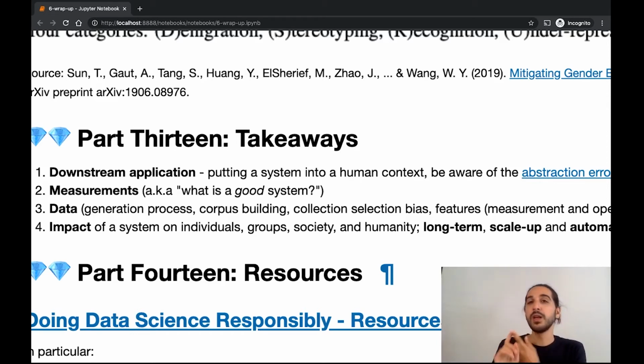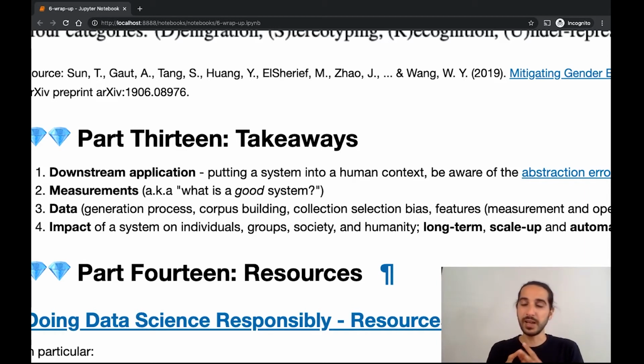So again, think about the downstream application, basically how my system is going to be deployed and used. Thinking about the measurements, how I'm going to measure or assess whether it is a good system. This is something to go through in all the process of building a system, from the design, formulating what we want to achieve, the development, of course, and later the monitoring of the system after it was deployed.